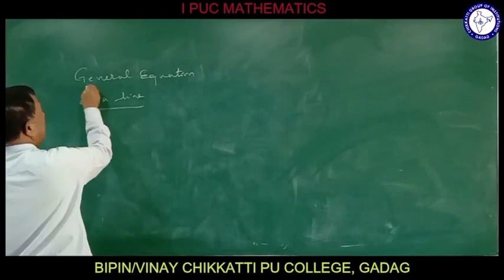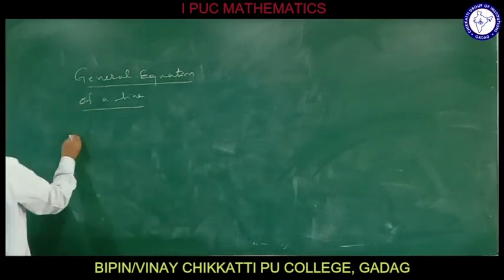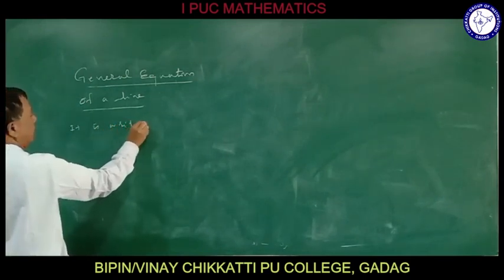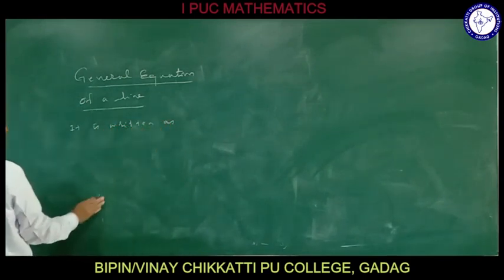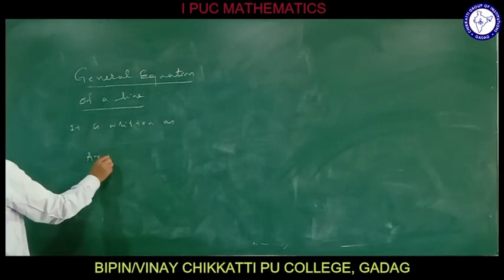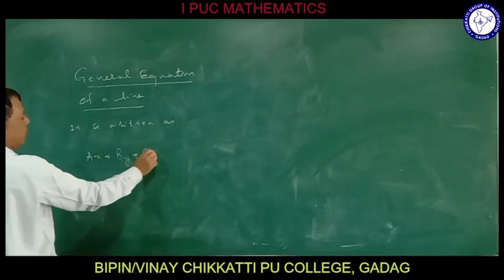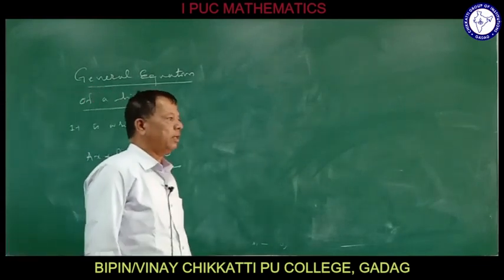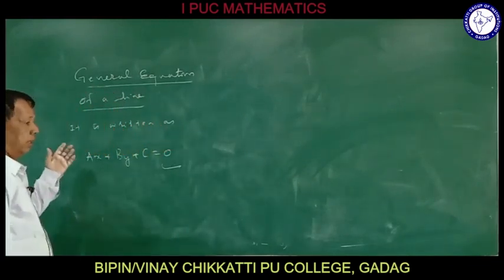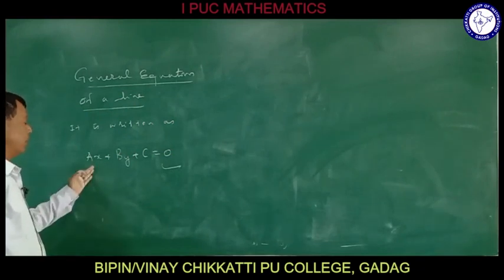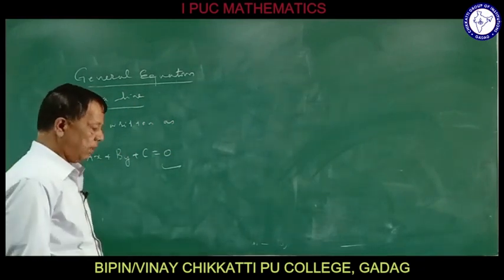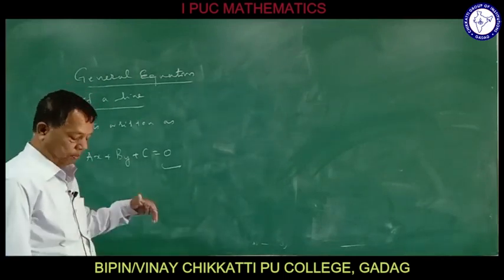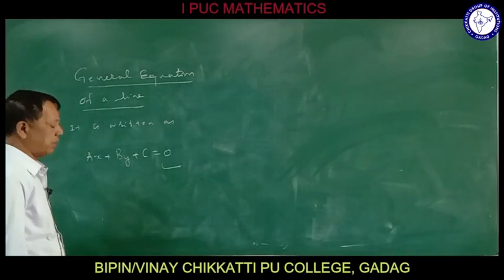Here, the general equation of a line is written as ax plus by plus c equal to 0, and this is the equation of the line in general form. A, B, C are constants, and basically either A is not 0 or B is not 0. If both are 0, again it is not a general form.